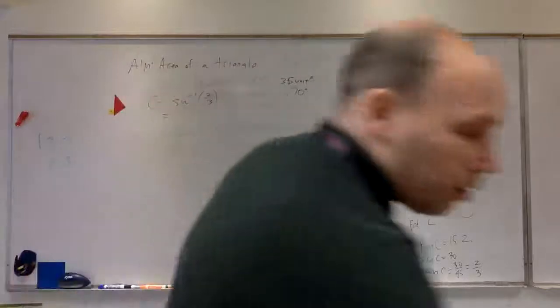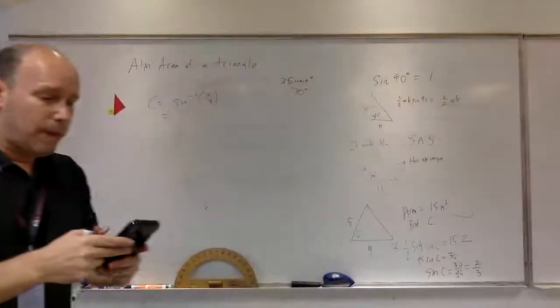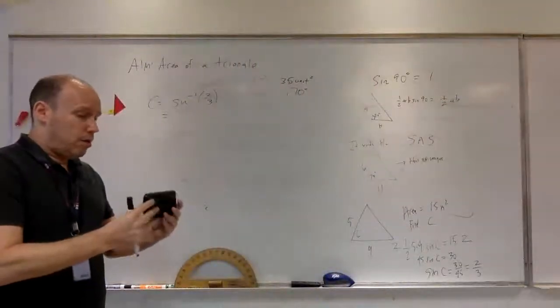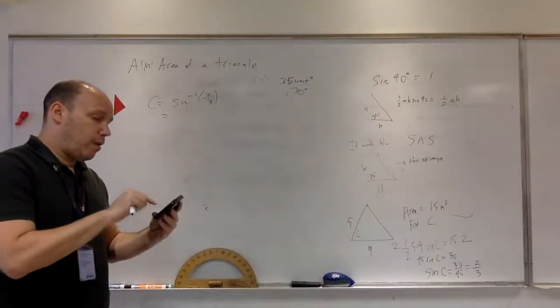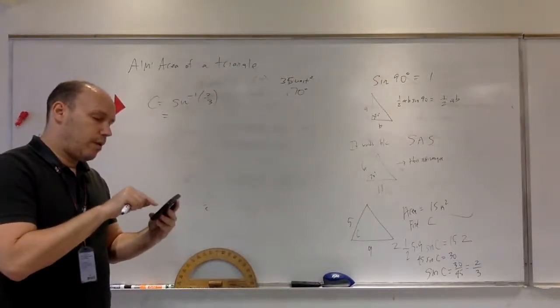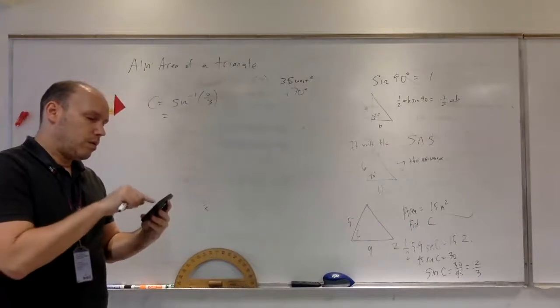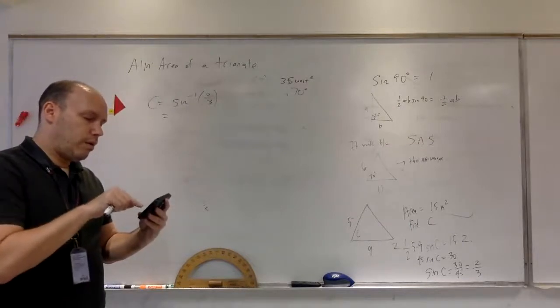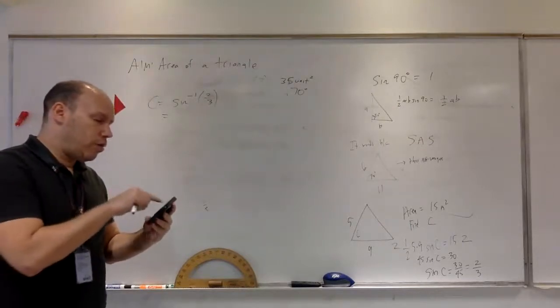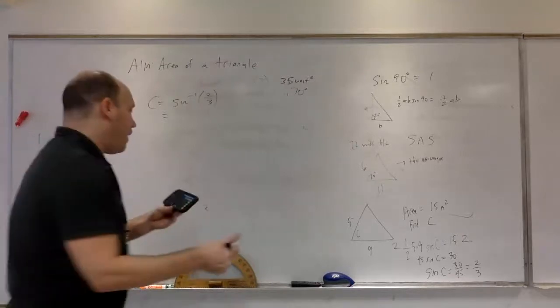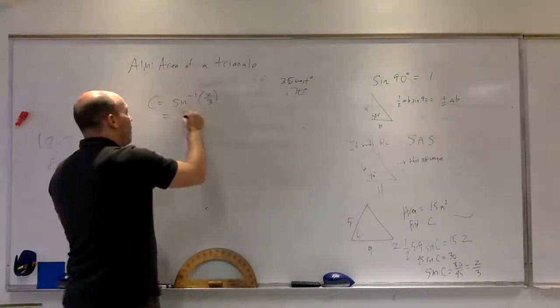Let's go to my calculator: 2 divided by 3. Enter, and I'm going to do the inverse sine. I get an answer of 41.8.